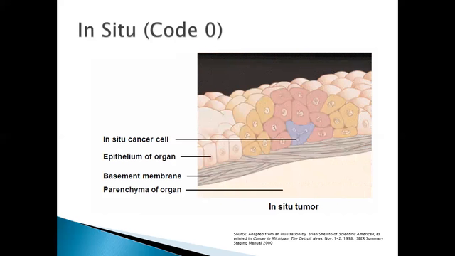So there are many sites that just don't have in situ cancers. So just be aware of that. It's not like you have to memorize those lists. Just know that when you get to that chapter, if code 0 isn't applicable to that site and histology, then code 0 won't be listed. So if it's not there, it's not there for a reason.